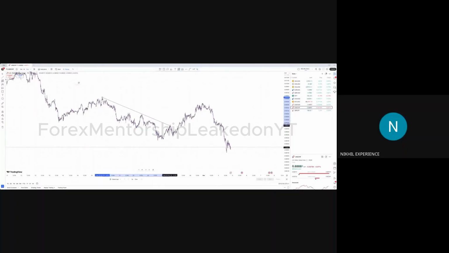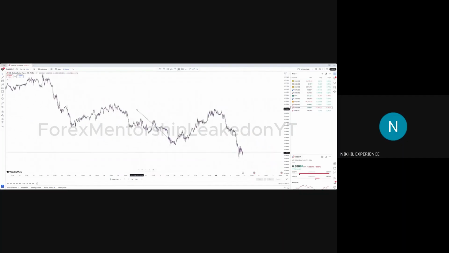Is there a trend line here? Let's two dots. Let's see. And there's no trend line here. This is not an accurate trend. Okay, let's see this one. Oh, the pair is actually in a downtrend. So let's see.